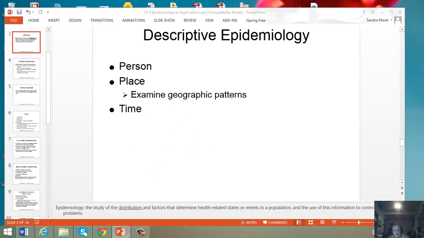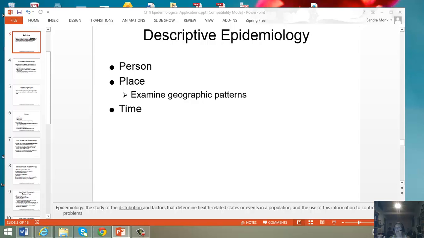Descriptive epidemiology shows a picture of how things are or have been. That's like the data you would fill out in a typical questionnaire prior to research: questions about the person, their race, sex, age, education, occupation, income, and marital status.